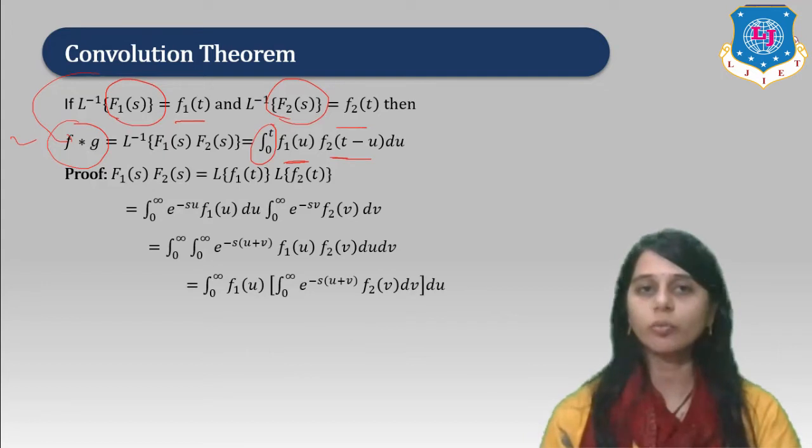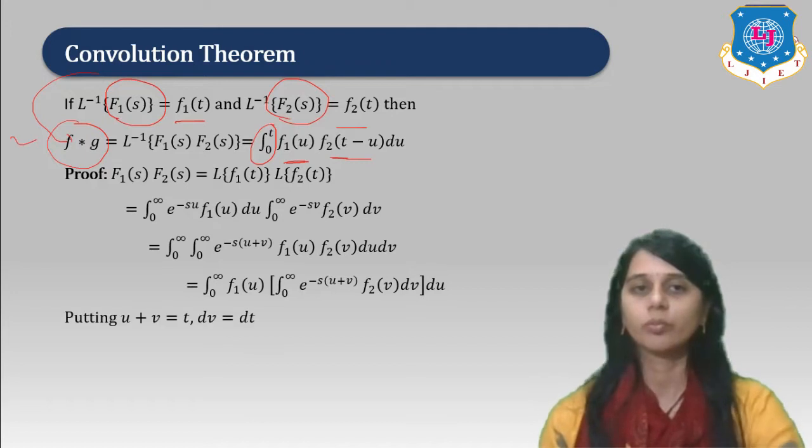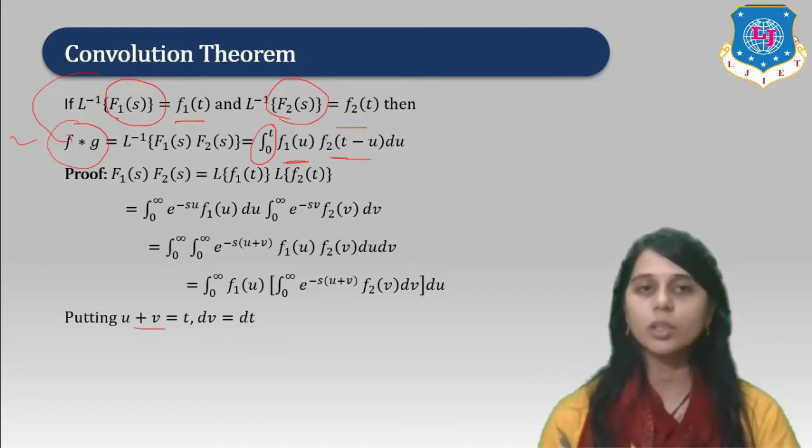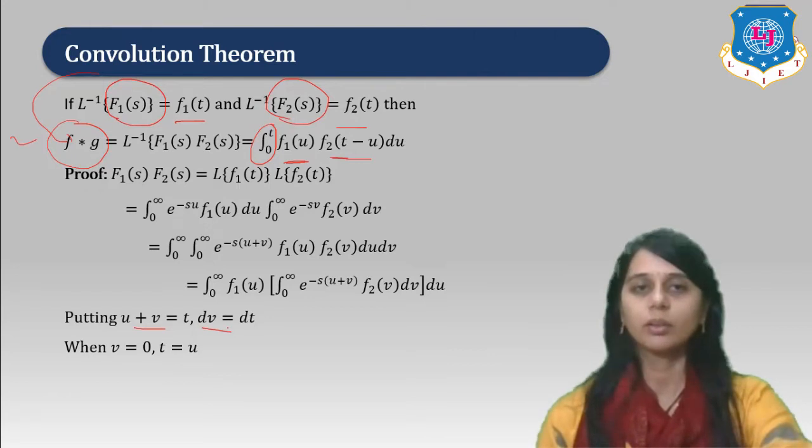Then the integration of f1(u) from 0 to infinity, times the integration from 0 to infinity of e raised to minus s(u plus v) f2(v) dv du. We are taking u plus v equal to t and dv equal to dt. So when v equals 0, t equals u, and when v equals infinity, t equals infinity.